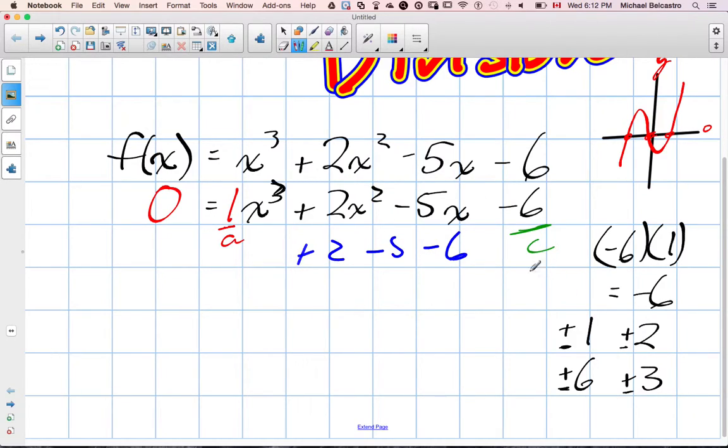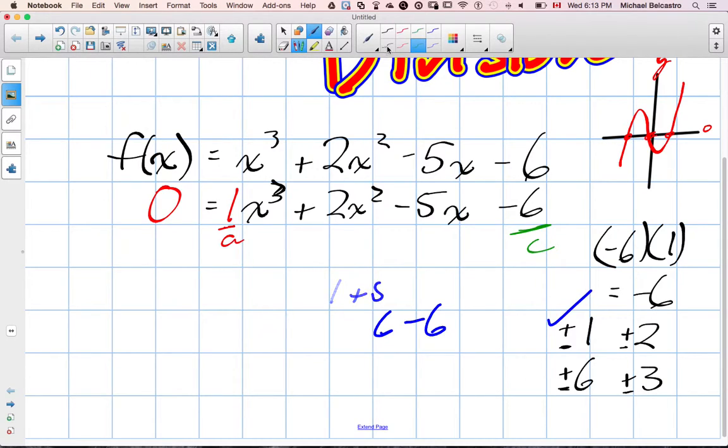Okay, so +1 didn't work out. Okay, -1. -1 cubed gives me -1. -1 squared is +1, so +2. And then negative times negative is +5 minus 6. -1 and 2 is 1 plus 5 gives us 6 minus 6. That works out. Okay, I know I did that really quickly, but -1 works out.